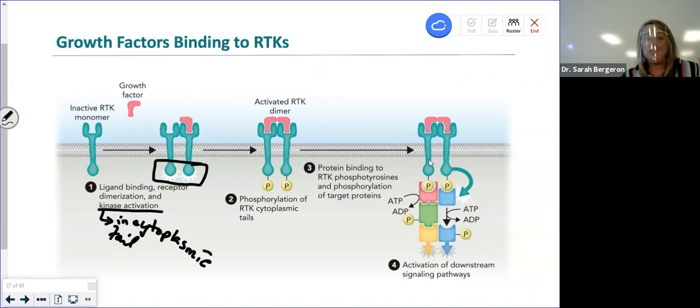The other thing is that the cytoplasmic tail itself can phosphorylate a target protein because it has intrinsic kinase activity. So not only can its phosphorylated groups recruit things, but it can in and of itself phosphorylate a target protein. So there are going to be multiple pathways here. But in the end, we're going to activate huge phosphorylation cascades.